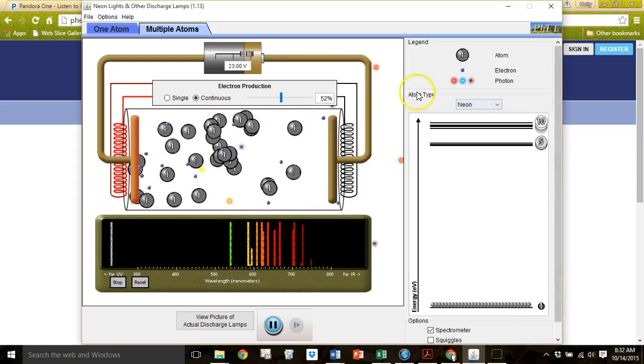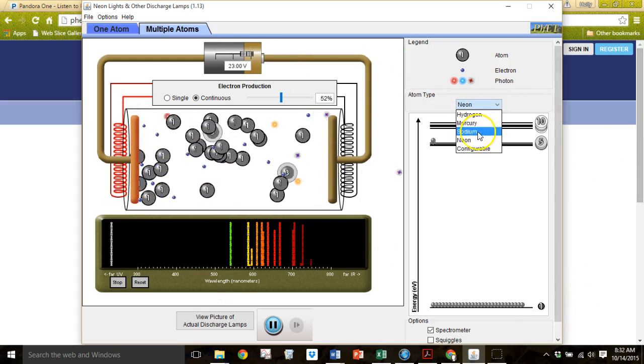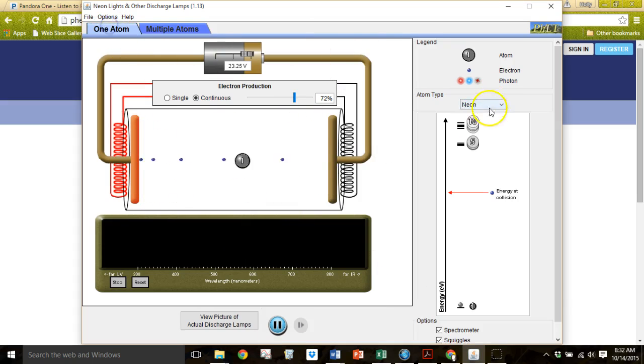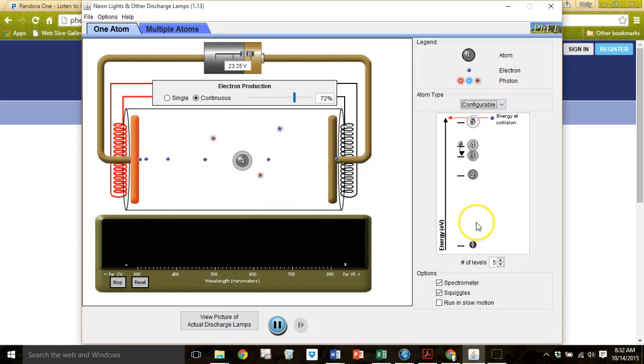Alright, to answer number 4, we'll do a configurable atom. There we go. It says if the line spacing between 2 electronic energy levels in atom A is larger than in atom B, then the wavelength of light emitted by atom B will be longer.